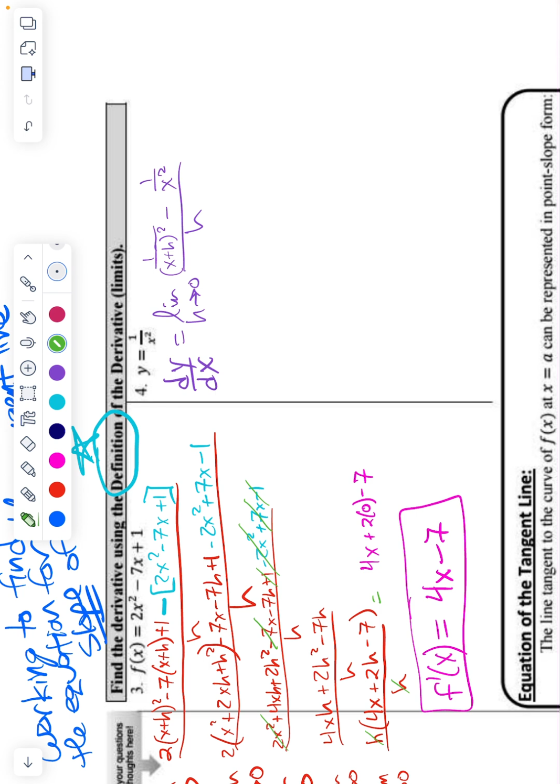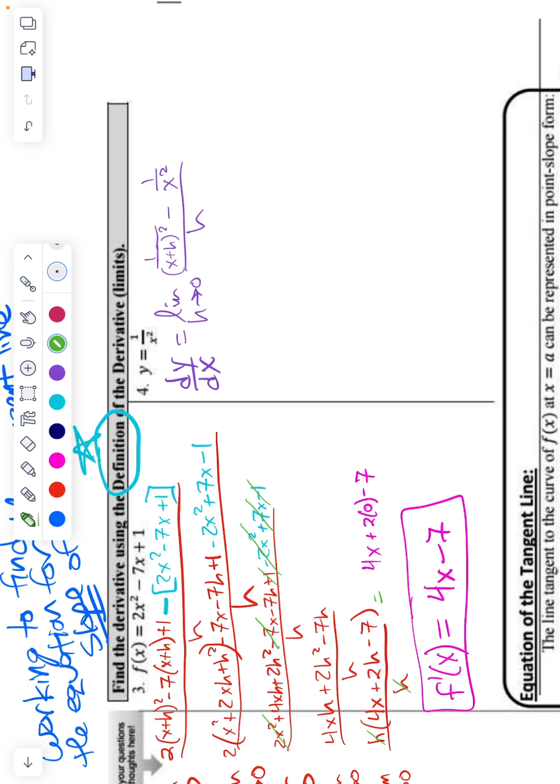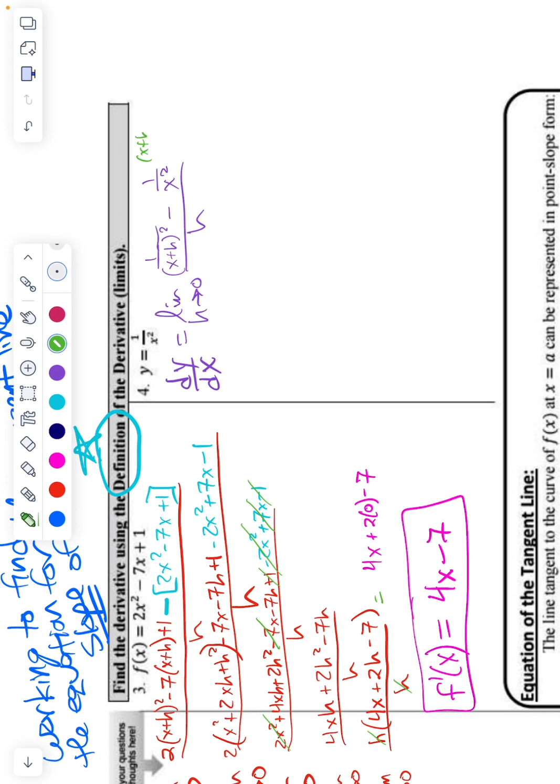I don't know. Let's just throw something out there. No, for real. How do we subtract fractions? What do we have to have? Common denominator. So this left side has an x plus h squared, which means this side needs it. And the right side has an x squared, which means this side needs that.